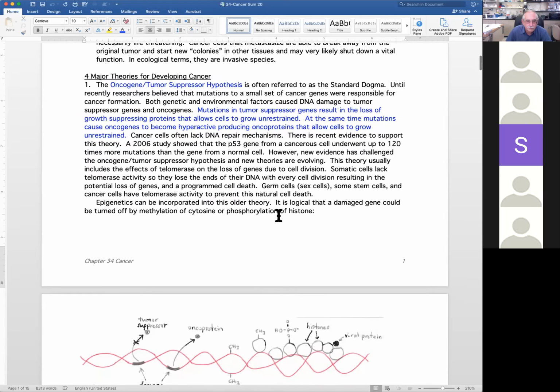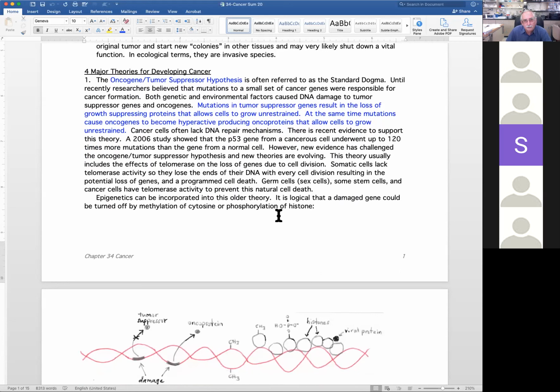So there's a couple of theories about how cancer develops. One is the oncogene tumor suppressor hypothesis. And so you have mutations all the time. If a mutation happens in a tumor suppressor gene, you lose that growth suppressing protein.